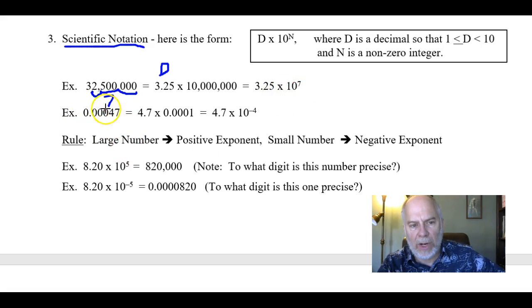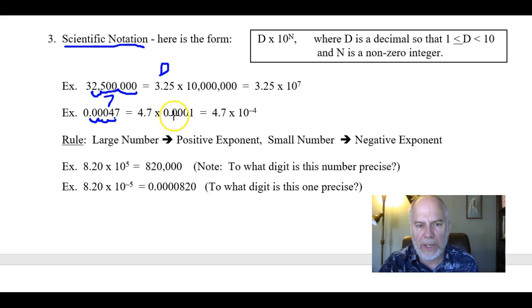Now if you have a small number like 0.00047, you still ask yourself, where would I place the decimal point to make it a number between 1 and 10? It would be here between the 4 and the 7. And then I have to move that over 1, 2, 3, 4 spaces to get there.